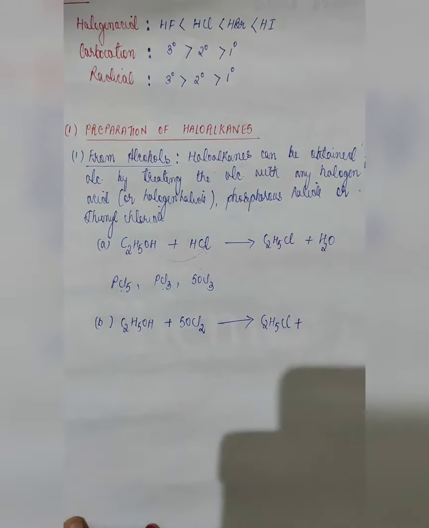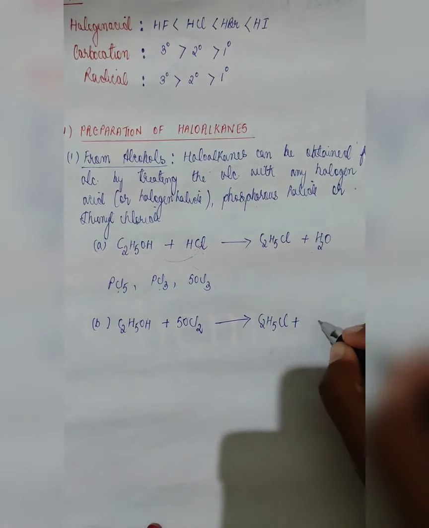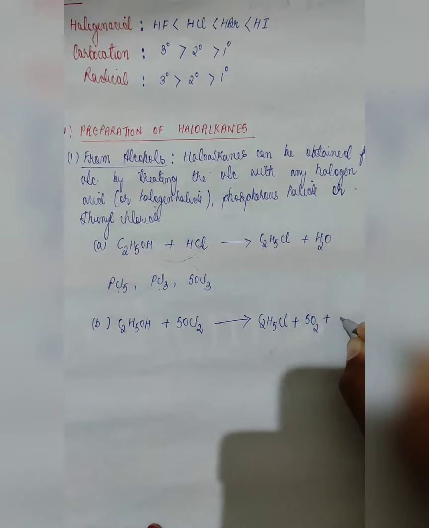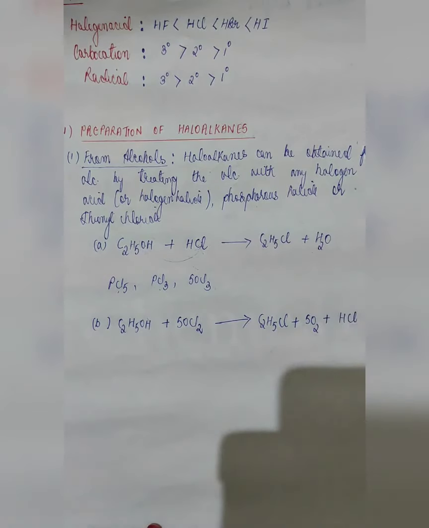But in this case we will get 2 byproducts in the form of gas: SO2 plus HCl, sulfur dioxide and hydrochloric acid.